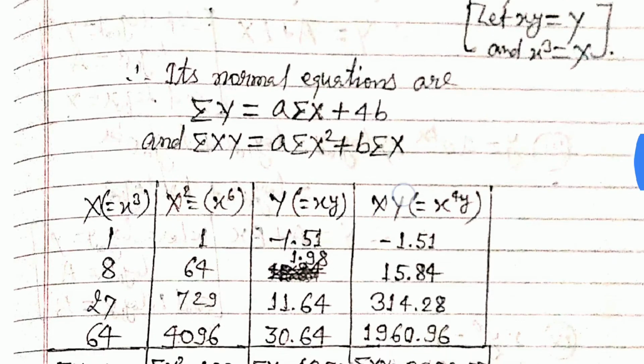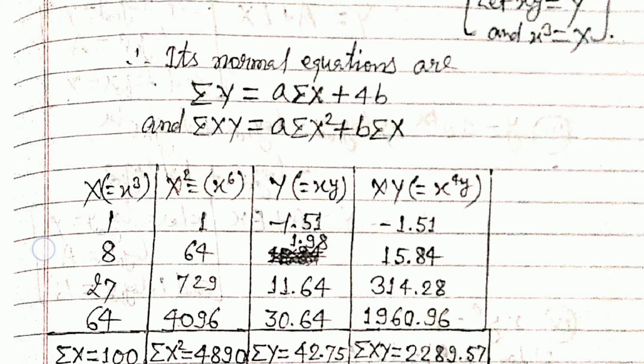The first normal equation is this, and the second normal equation is summation of XY is equal to a into sigma X square plus b into summation of X. How do we get the second normal equation?